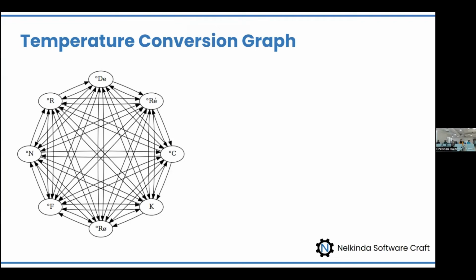And it's actually bidirectional because we can go from and to in all directions. So how many edges do I actually have in this graph? What's the number of edges in this graph?